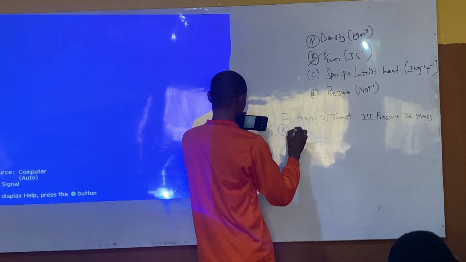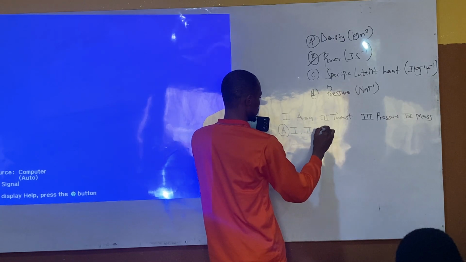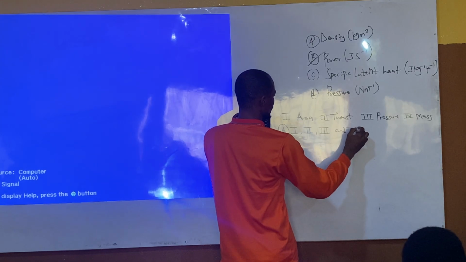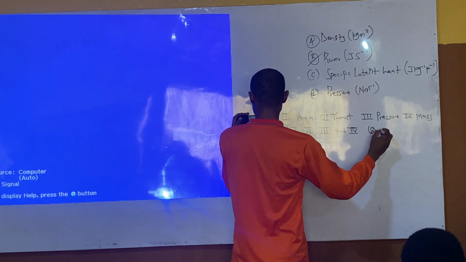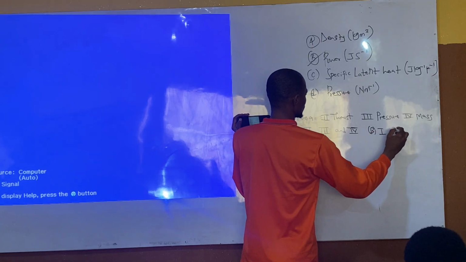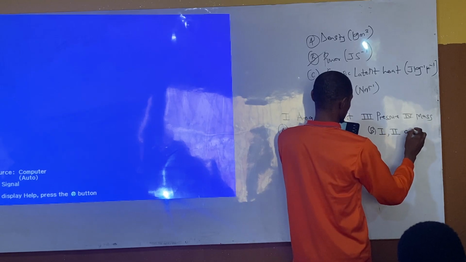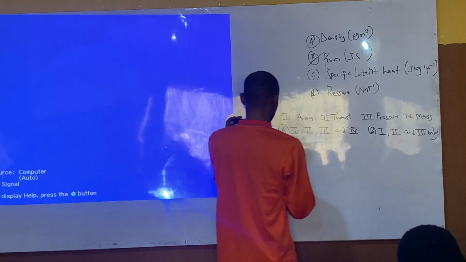Option A, Roman figure 1, 2, 3, 4. Option B, Roman figure 1, 2, 3 only.